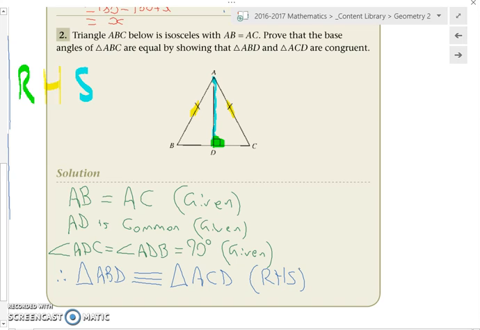So because you've proved those two triangles are congruent, now we can say that angle B equals angle C, and then you need a reason for that. What would be your reason? There are actual technical words we should use.